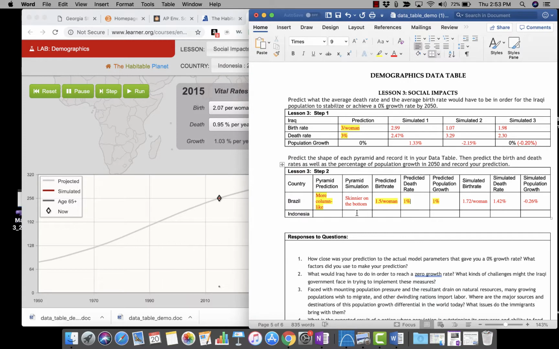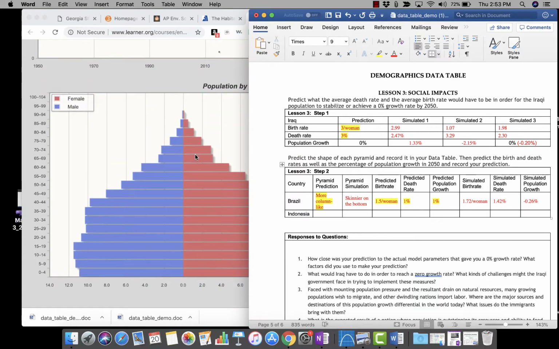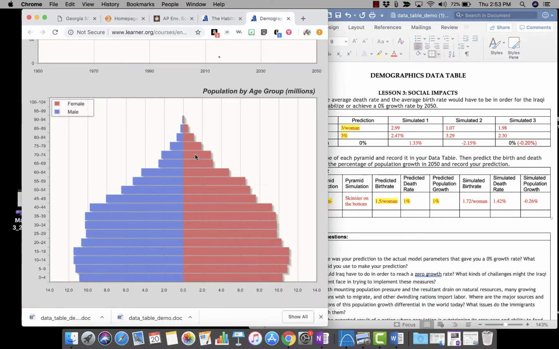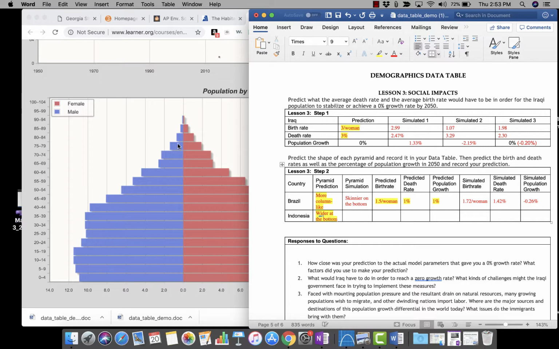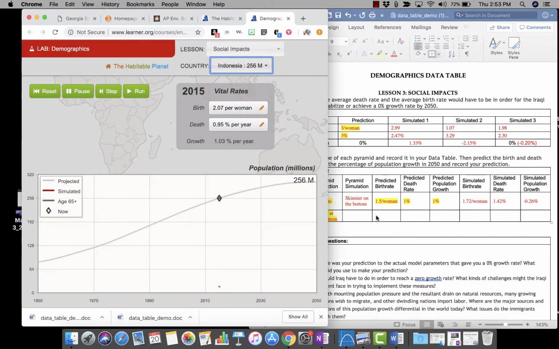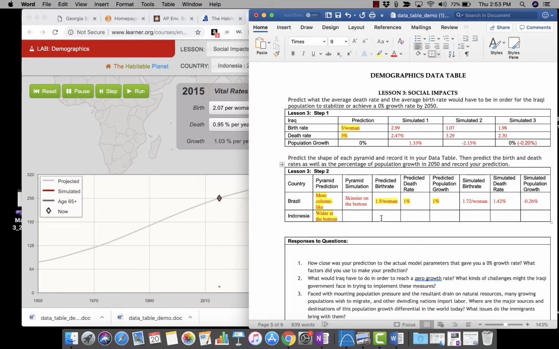Indonesia. Let's look at the pyramid. Okay, so it looks like this. I'm going to say it's going to start getting wider at the bottom. So their birth rate right now is 2.07. It tends to stay pretty close, so I'm going to do like 2.1.